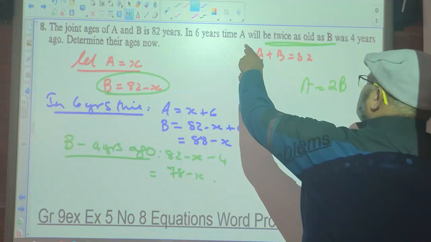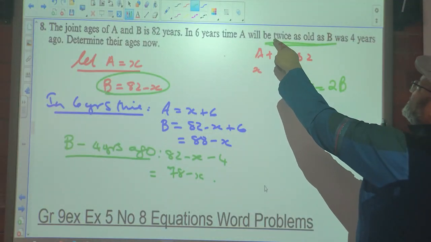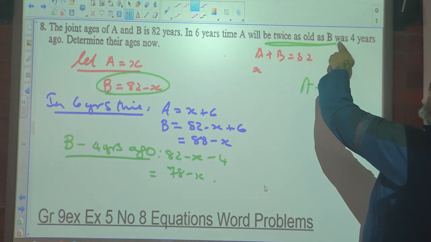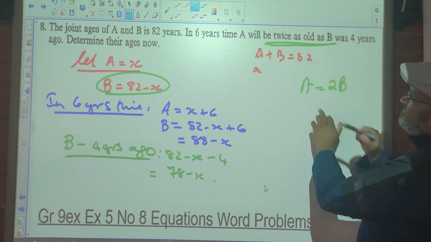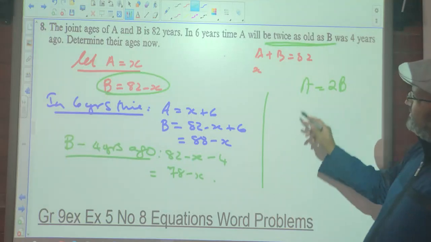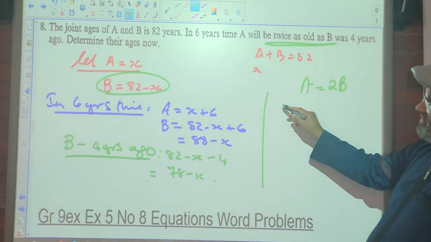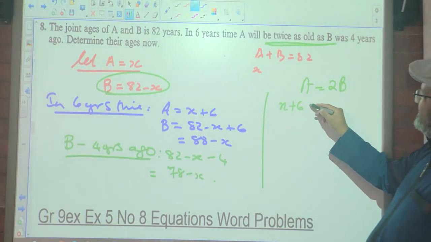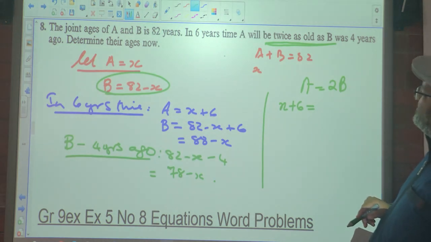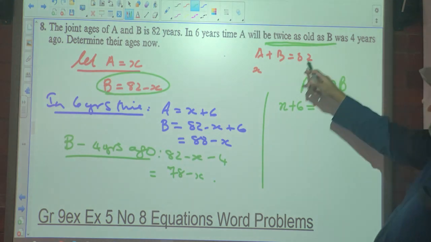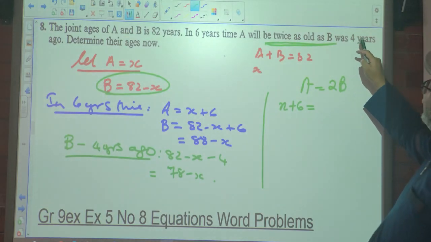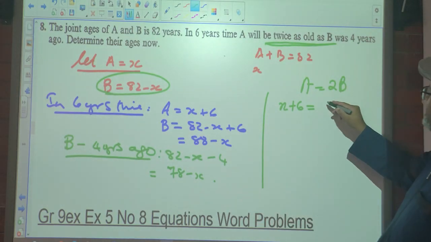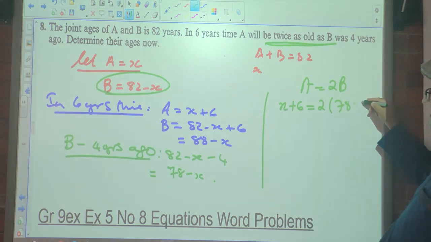In 6 years' time, A will be twice as old as B was 4 years ago. So in 6 years' time, A will be what? X plus 6. And that is twice as old as B was 4 years ago, which is 2 into 78 minus X.